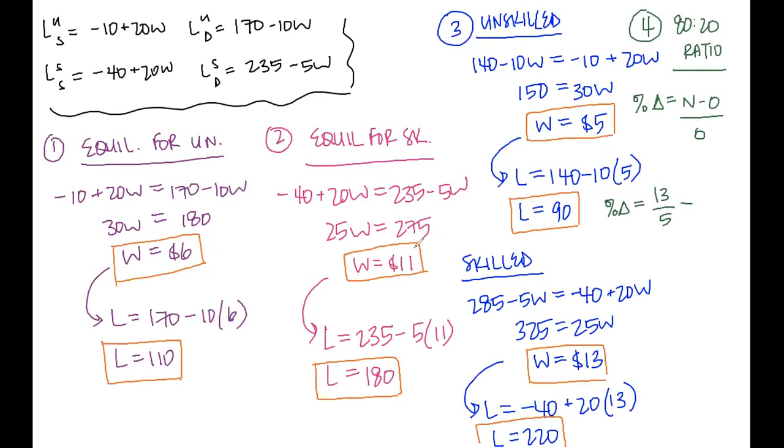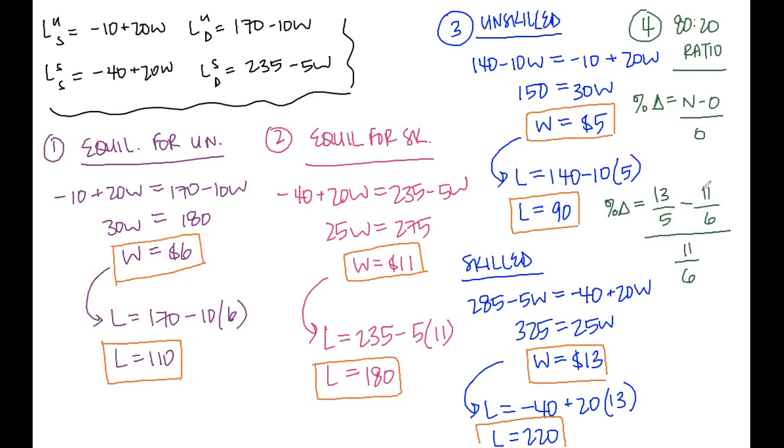So the old skilled wage was 11 and the old unskilled wage was 6. And then we can put that over 11 over 6 again. So like I said, I'm following this percentage change formula, but each of these terms are going to be in the 80-20 ratio format. So we have the new wages and then the old wages. And then we just need to solve this out.